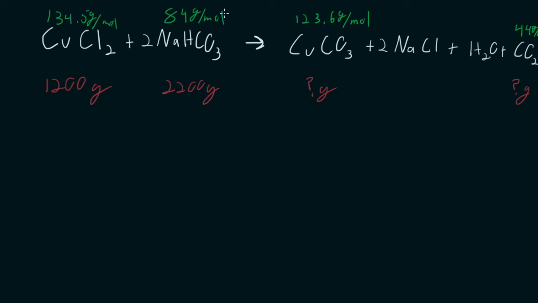All right, we've got all of our molar masses figured out. Let's draw a line so we can keep all our data above this line, and we'll do all of our calculations below that. So first, let's find the moles of copper 2 chloride.